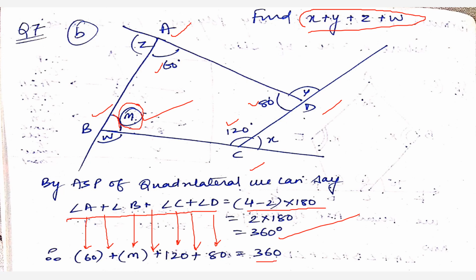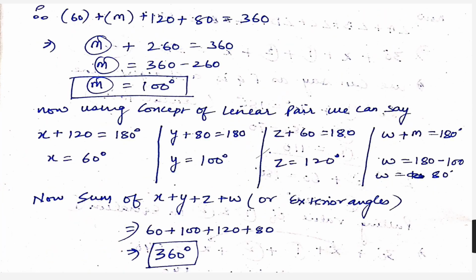So now I have to isolate M on the left hand side and take these to the right hand side. You can see here that the sum of these three is 260 degrees, and when it goes to that side it becomes negative by the simple formula of transposition. M equals how much? 100 degrees we have got.